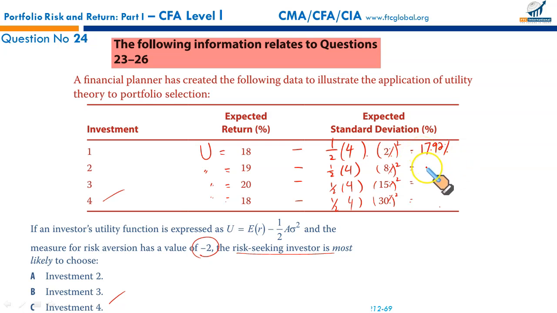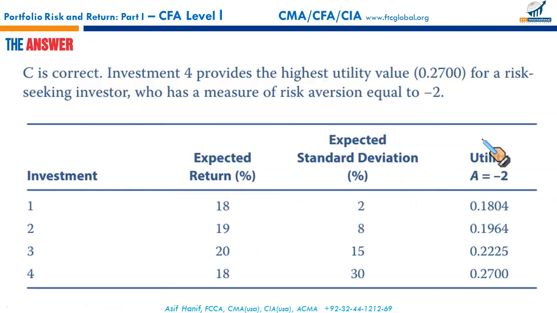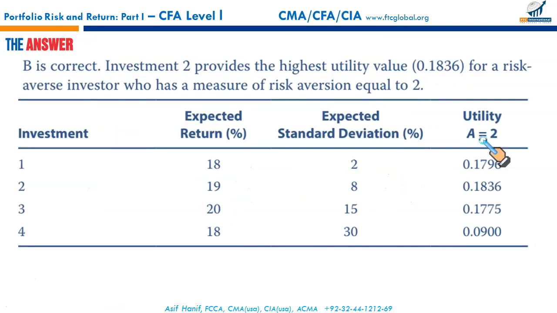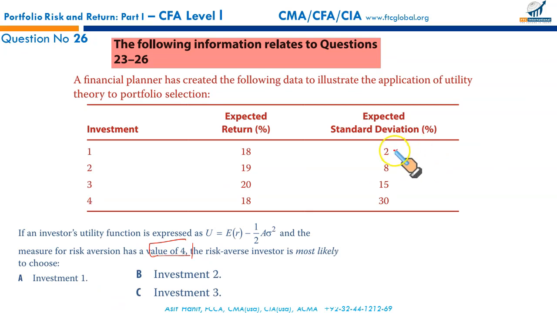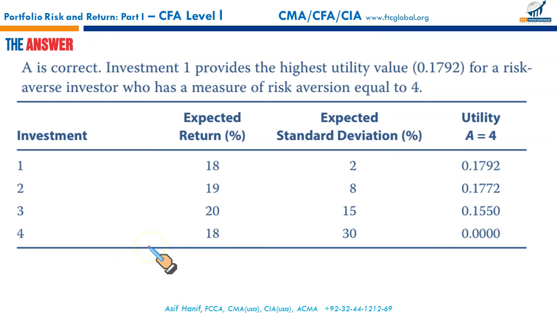For the second one, it's going to be 17.72%, 15.5%, and for the last one, interestingly, it will be 0. So the one that is giving the highest utility is your investment 1. Question number 26, investment 1. So that makes A the correct option, right?